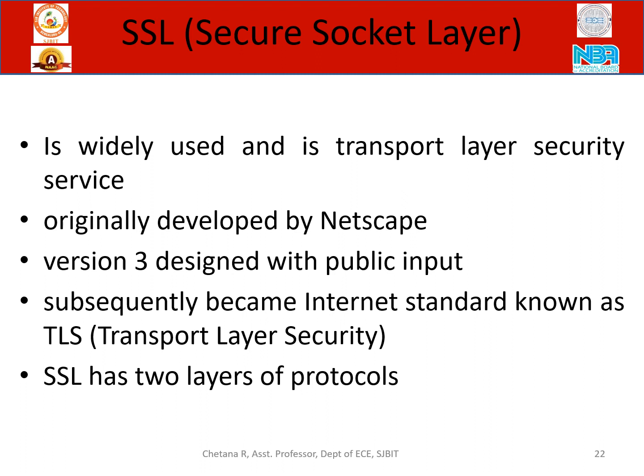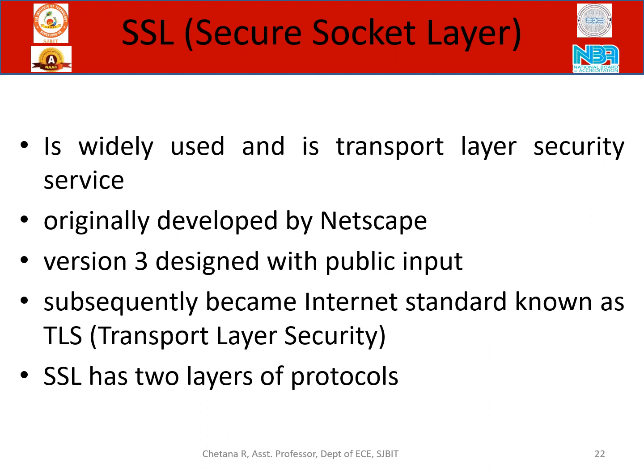SSL has two layers of protocols. One is the bottom layer, which provides the basic structure, and on top of this we have the higher structure, which is taking care of the SSL layer.